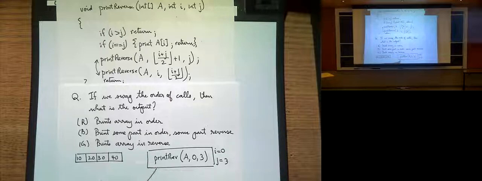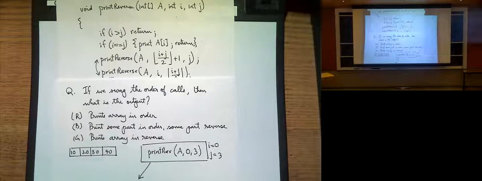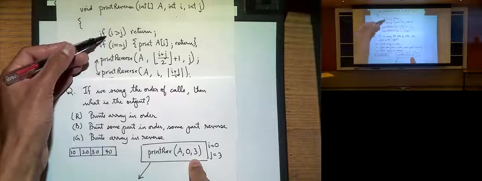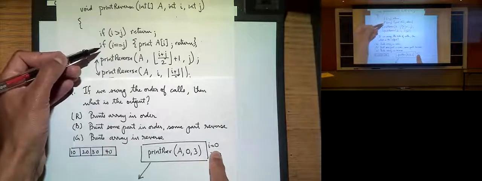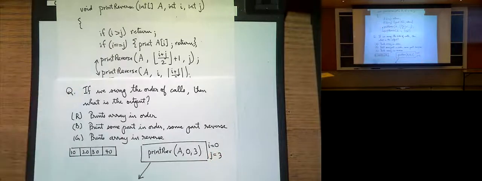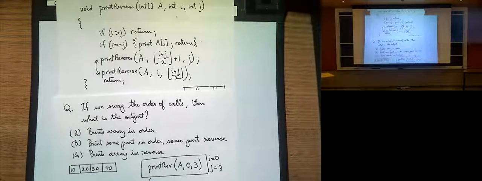Okay, so this is going to make a recursive call to what? So obviously, it's not going to return because i is less than j. What is the first call that it makes? Print reverse A01, right?